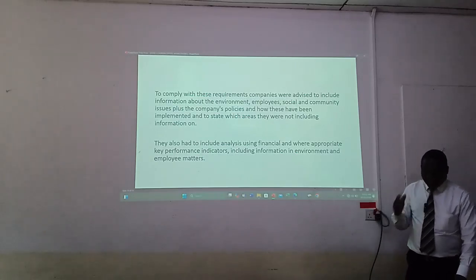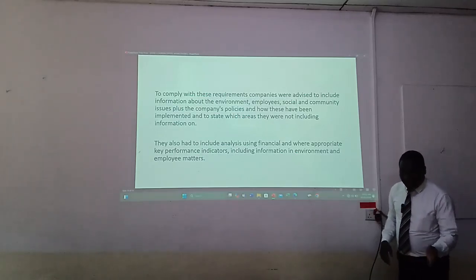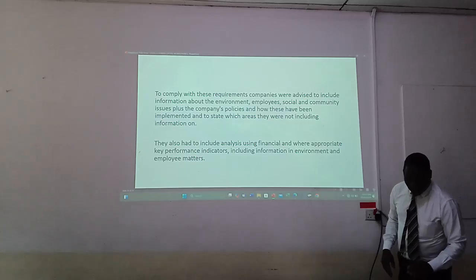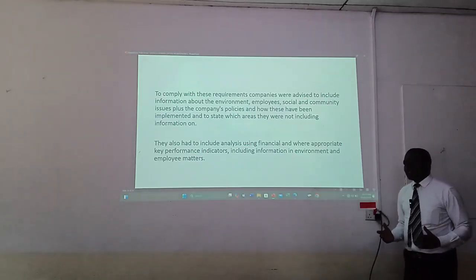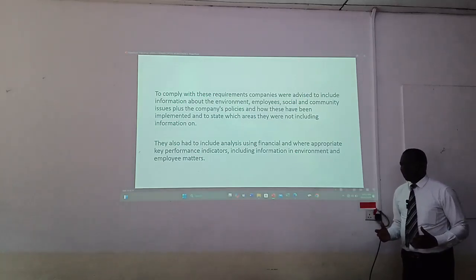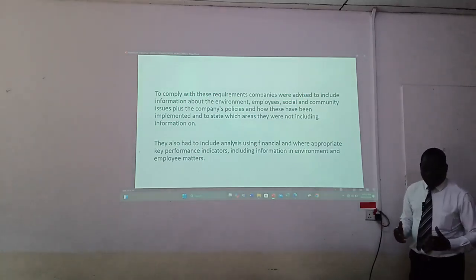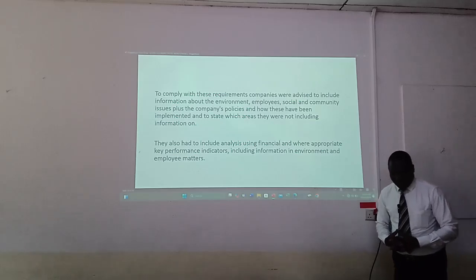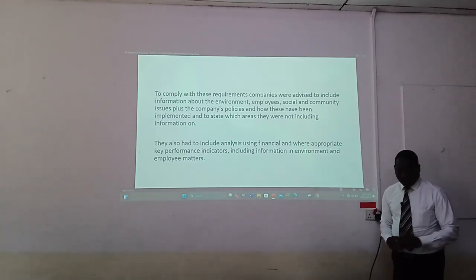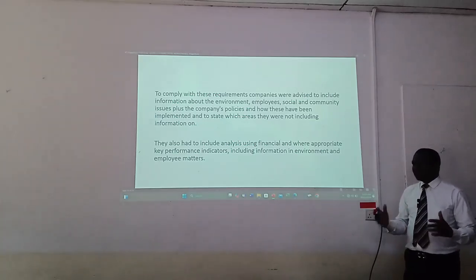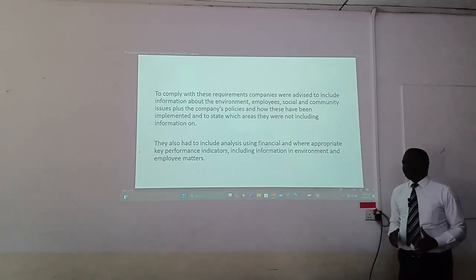To comply with these requirements, companies are advised to include information about the environment. So for you as an HR to report back to your investors, you are advised to include information about the environment. How is the environment of that business?